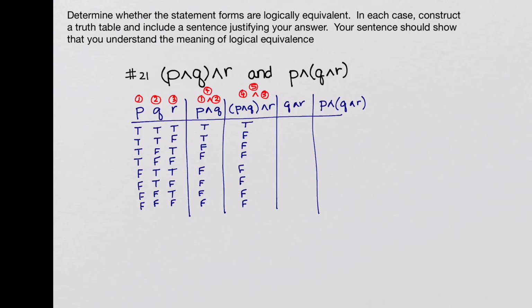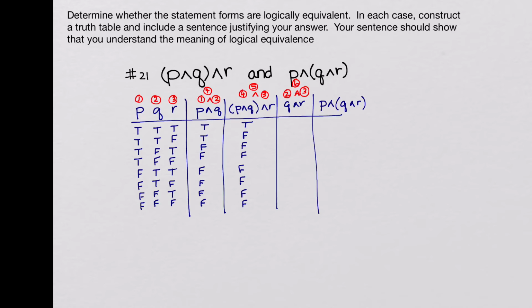Now let's look at Q and R. And this is column 2. Okay. Column 2 and column 3. This is making column 6. All right.